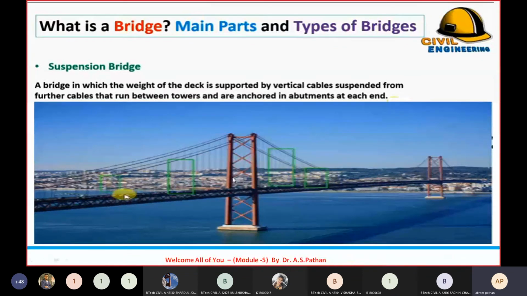So these are the steel towers. We have the main cables and then we have the vertical cables, and this is the deck slab for the purpose of vehicle transportation, and it is suspended over the vertical cables and the main cables, and these main cables are anchored with the abutment at each end.